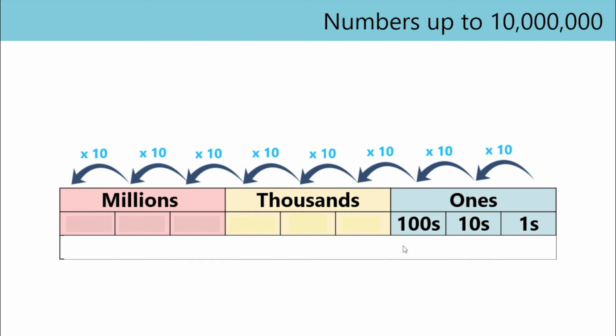Then when we get 10 hundreds, we group them to make, yeah, 1,000. 10 of those makes, yeah, 10,000. 10 of those makes, yeah, 100,000. 10 of those 100,000s make 1 million. 10 of those millions makes 10 million. You don't need to worry about that at primary school. 10 of those makes 100 million.